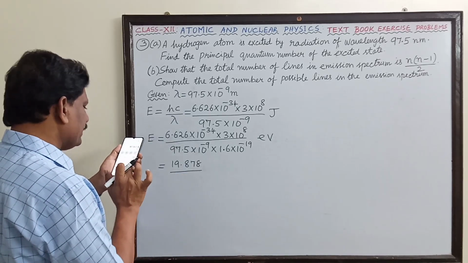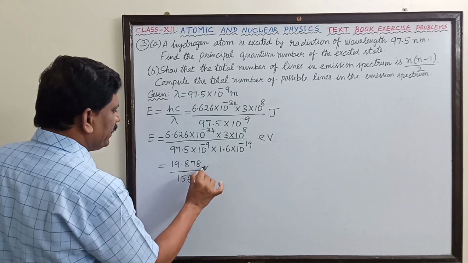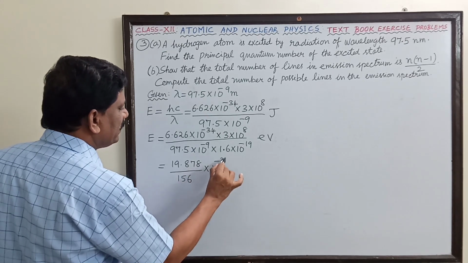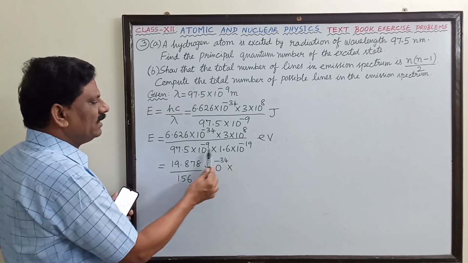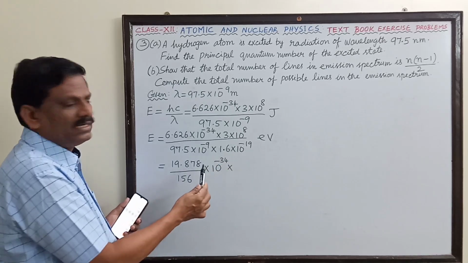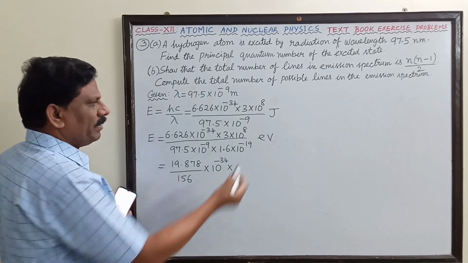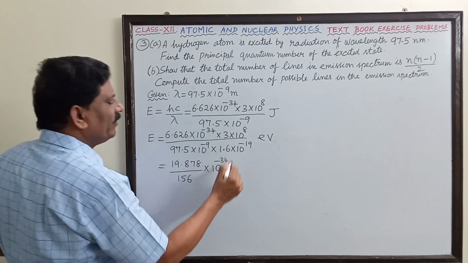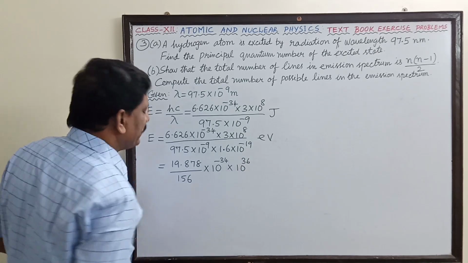So that is equal to 156. So multiplied by 10 power minus 34, again multiplied by here minus 19, here power is minus 9, so that it is minus 28. Minus 28 when it comes up it will become plus 28. Plus 28 added with 8 will become plus 36. So this will become 10 power 36.